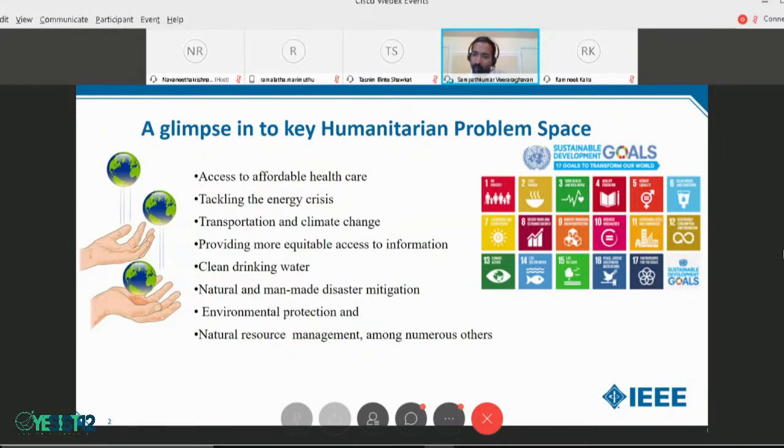So if you could provide a solution to address these kinds of challenges, it scales up pretty well. That's how the UN came up with the 17 critical goals which, collectively, if we could address them, will contribute to the larger cause of humanity. That's fundamental here: why this problem space, or these challenging avenues, provides the breeding ground for innovation.